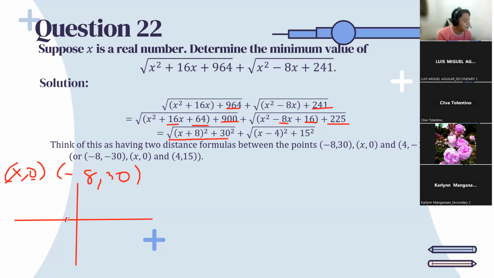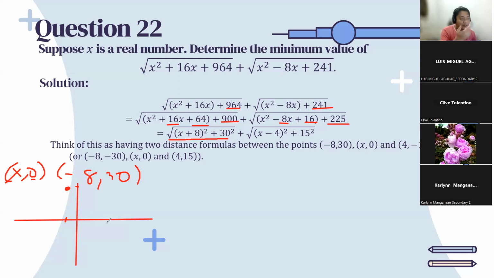You can have it here and here. Just an estimate. Okay. So I have x, 0. What does x, 0 mean? It is on the x-axis, right? x, 0 looks a lot like the x-intercept. So that means that it is on the x-axis. Take note of that one.